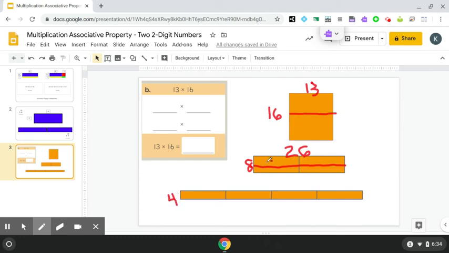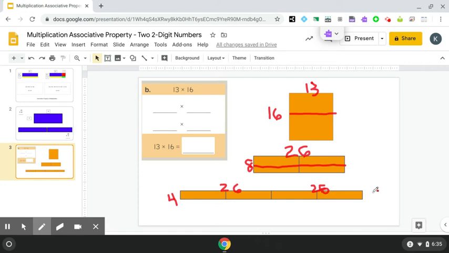And then you can see I have to double 26, because remember this was 26 here, and then this right here was 26. When I double 26, I get 52.